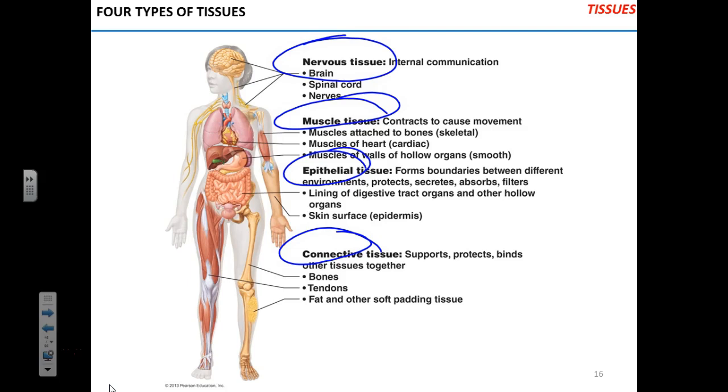What is the function of, without even maybe looking at the slide, just think about the name. What is the function of nervous tissue? Send signals. Perfect. Communicate, right? Receive the stimulus and deliver it to the brain or spinal cord, and then send the response to organs, to glands, and to muscles. Is that clear?